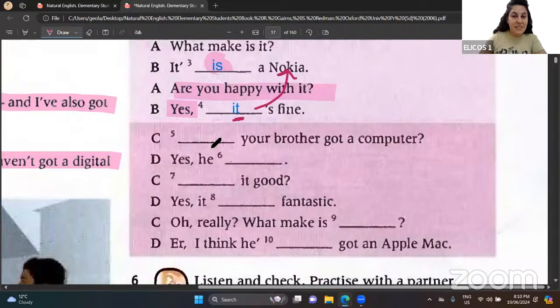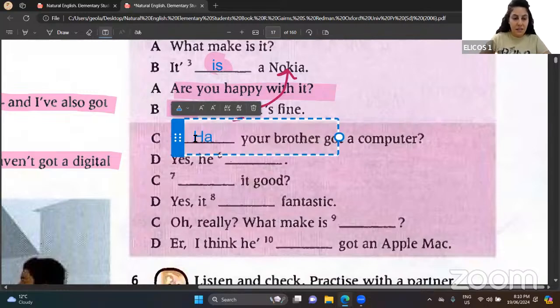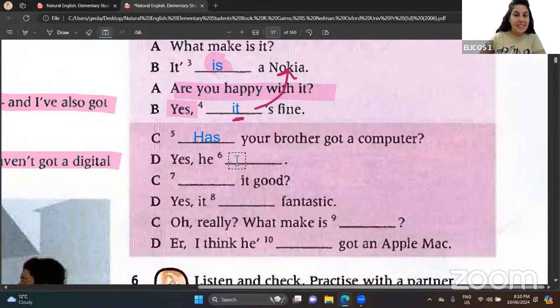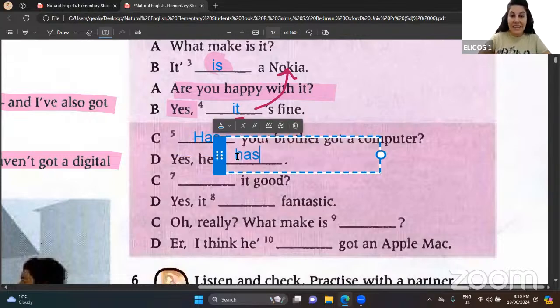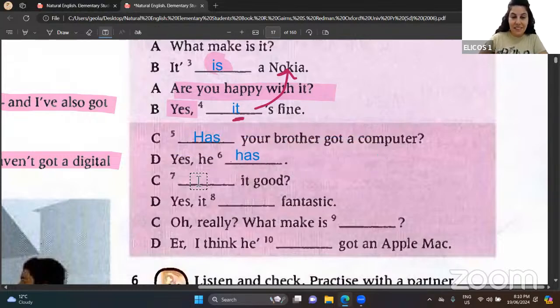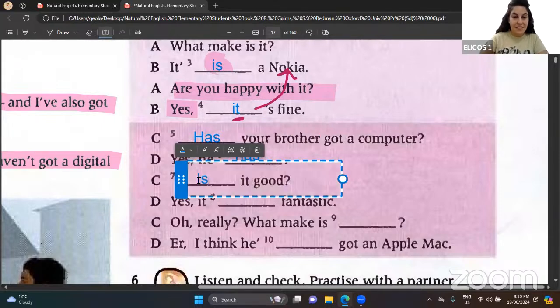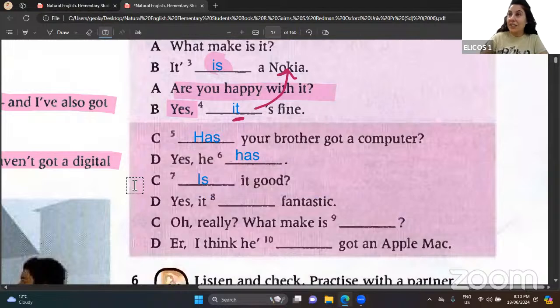Okay, question. Something your brother got a computer. So we know it's he. So you would say, has your brother? Yes, he has. Question. Is it good?